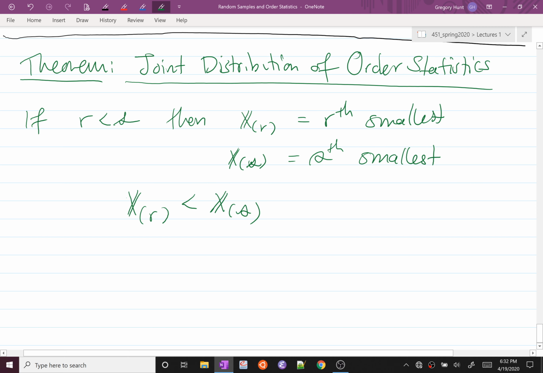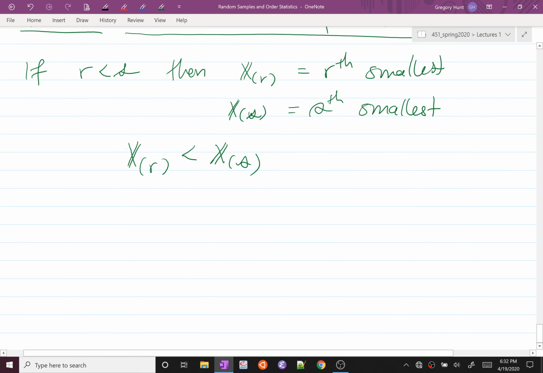If r is less than s, the second smallest should always be smaller than the third smallest. We can ask for a joint distribution. Let us say f of x_r comma x_s, at the values u and v. So u is going to be the value for X sub r, and v is going to be the value for X sub s.